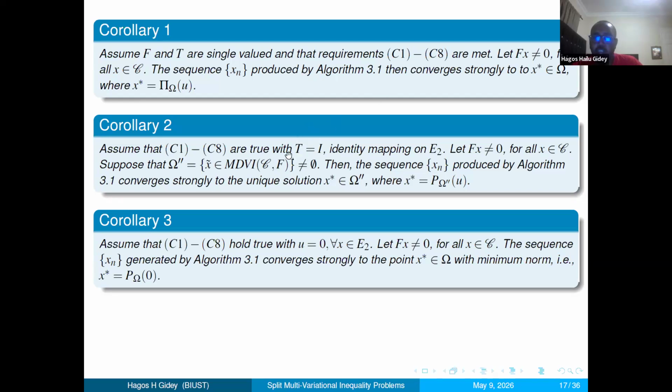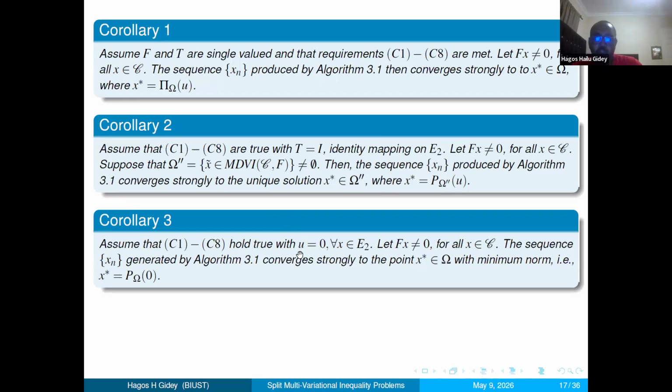And if we take t equal to the identity I, now the problem will be changed to problem 1, which is only the multi-valued variational inequality problem. And the sequence generated by this algorithm converges to this solution set, where this x star is the projection of u to this solution set.